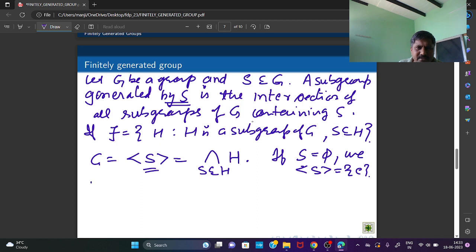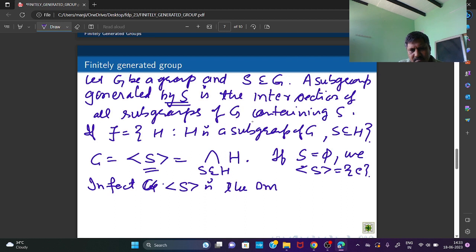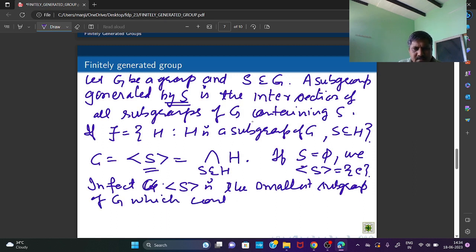So this is the smallest subgroup of G which contains S.